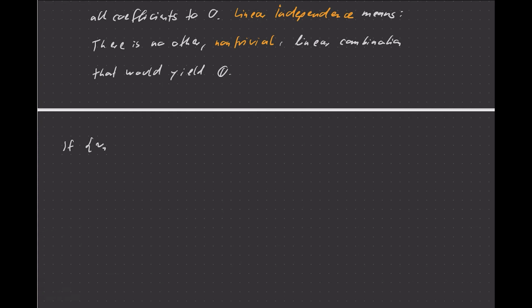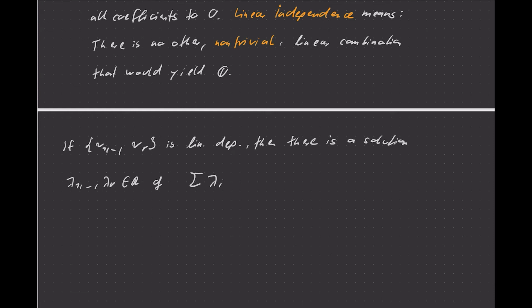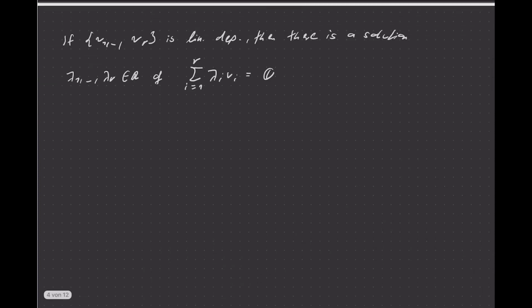So if the set of vectors v1 to vr is linearly dependent, then there is a solution lambda 1 to lambda r in R of that equation, sum of lambda i vi equals the 0 vector, where at least one of the lambda 1 to lambda r is not 0.